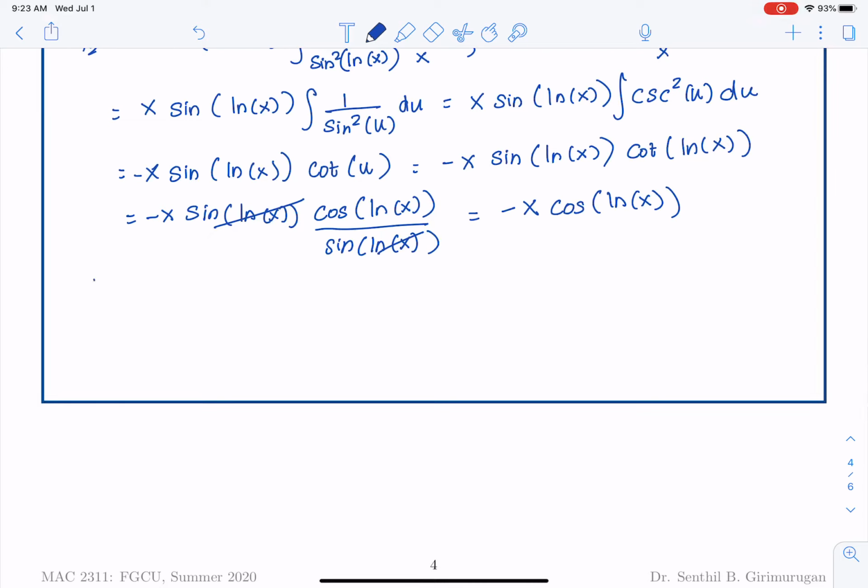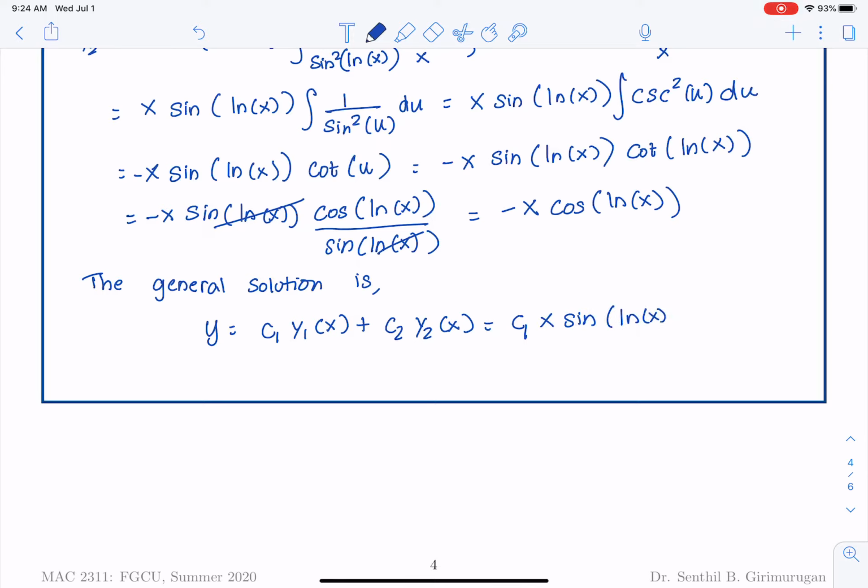So the general solution is y equals c1 y1 of x plus c2 y2 of x. So we have c1 x sine ln of x plus c2 negative x sine ln of x.